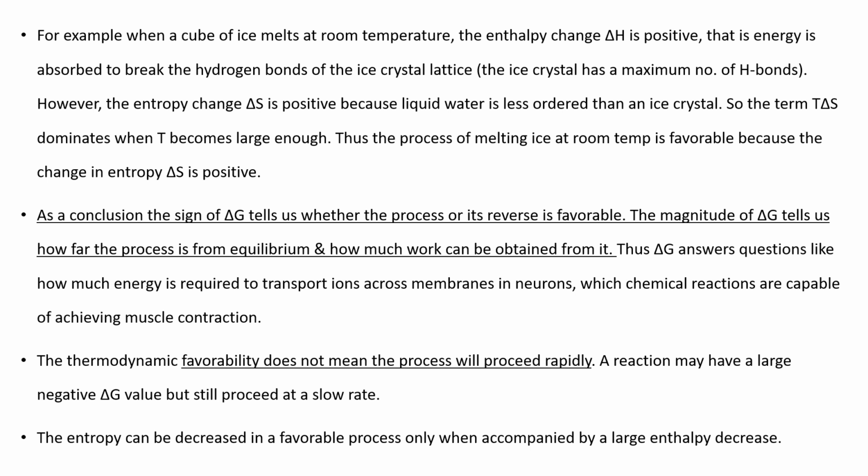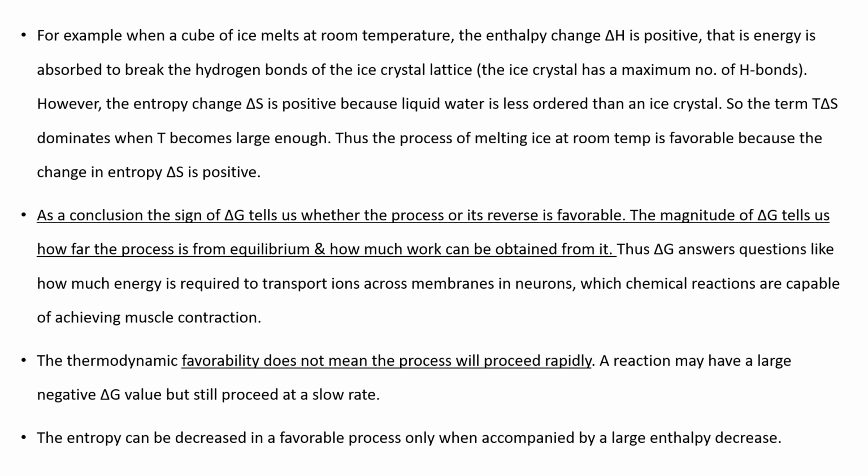The magnitude of this delta G tells us how far the process is from equilibrium. Thus, delta G can answer questions like how much energy is required to transport ions across membranes, for example in neurons, and which chemical reactions are capable of achieving muscle contraction.